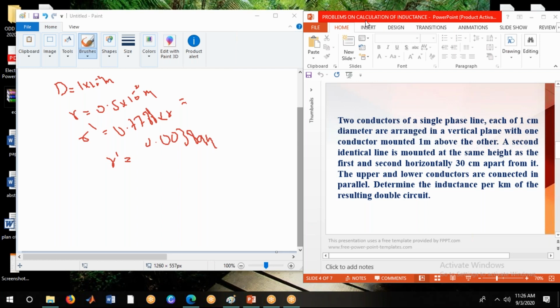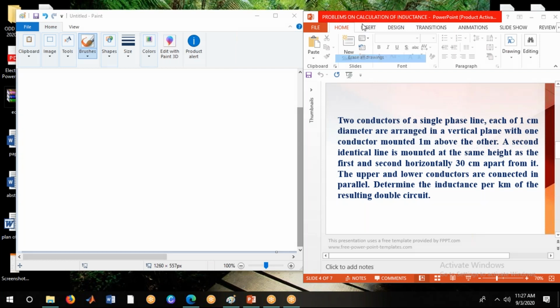Now we'll find the self GMD, that is Ds, and Dm value. So here we have the two conductors. This is conductor 1 and this is conductor 2, and these two are a double circuit. It is called A dash, B dash.